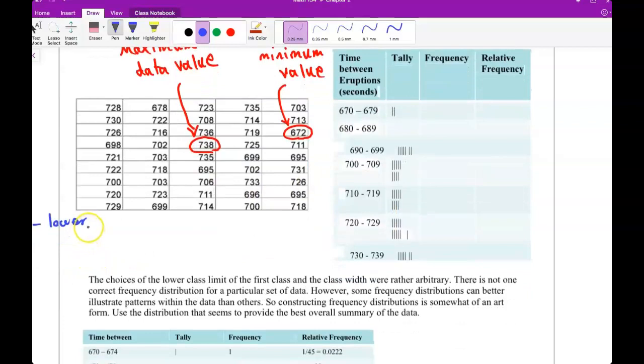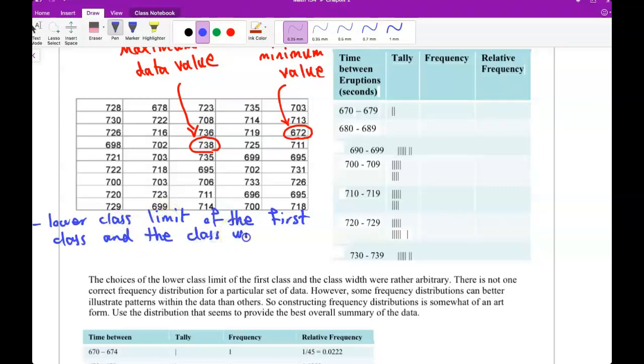Okay. The lower class limit of the first class and also the class width are arbitrary.